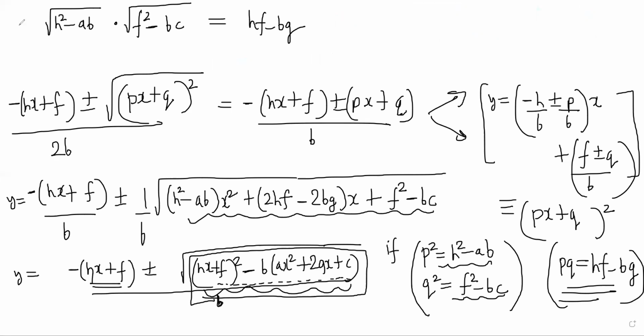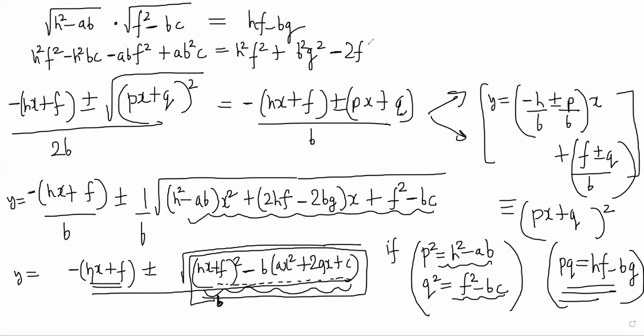Squaring this, you get h square f square minus h square bc minus ab f square plus ab square c is equal to h square f square plus b square g square minus 2fhbg. And notice that h square f square gets cancelled, and in all the terms there is a b. Every term remaining has a b. I can cancel one b then, right?